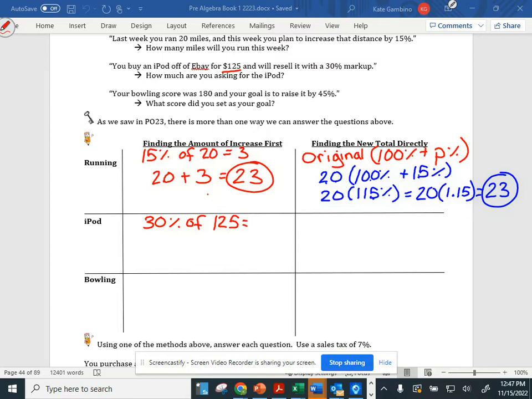So you could do it as a fraction or as a decimal. You could say 30 hundredths times 125. So you multiply 30 times 125, divide it by 100. Or you could change that 30% into a decimal and times that. You can do 125 times the decimal.